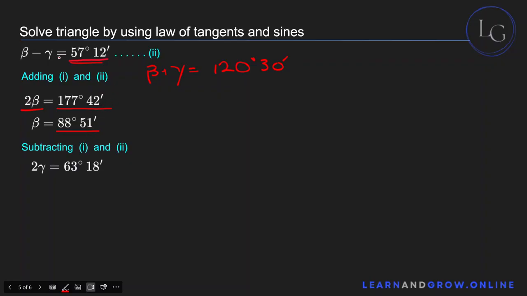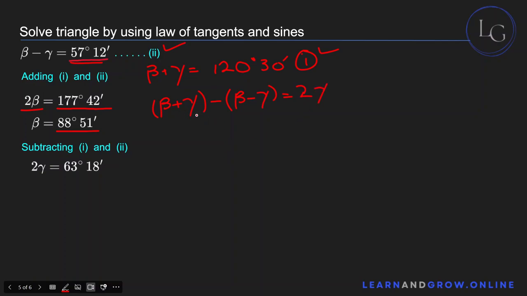Now that you have the angle beta, you now subtract these same two equations. So that gives you basically beta plus gamma minus beta minus gamma gives you 2 gamma.